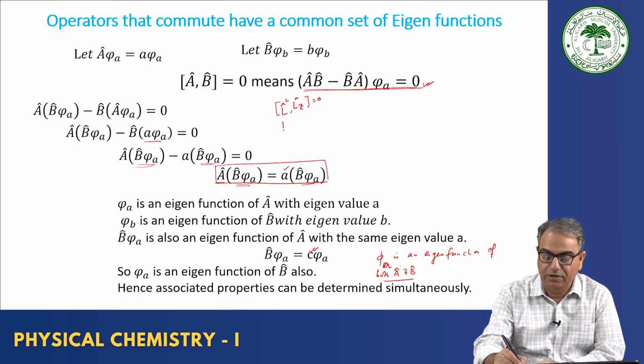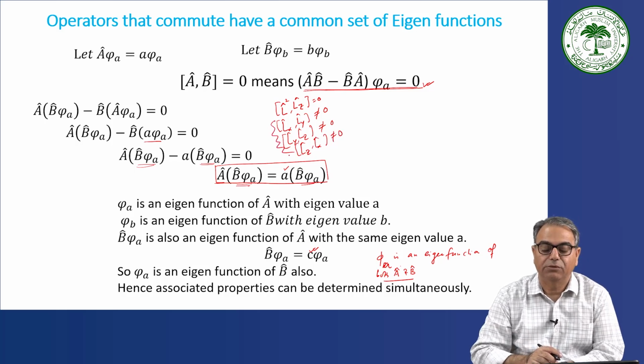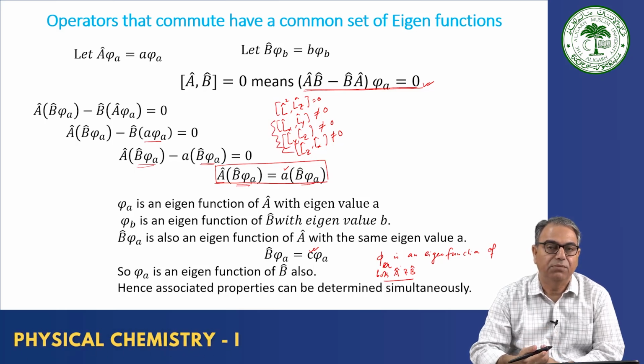And if you have the relationships LxLy minus LyLx is not equal to 0, LyLz minus LzLy is not equal to 0, and LzLx minus LxLz is not equal to 0, then these components Lx, Ly, Lz cannot be determined simultaneously and precisely. That is why the commutator relationship is very important in angular momentum.